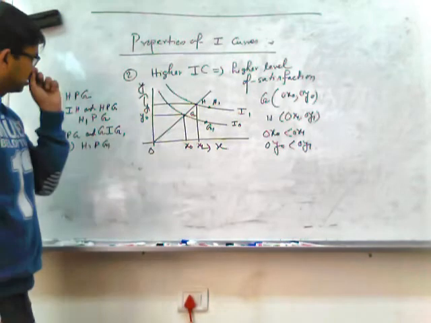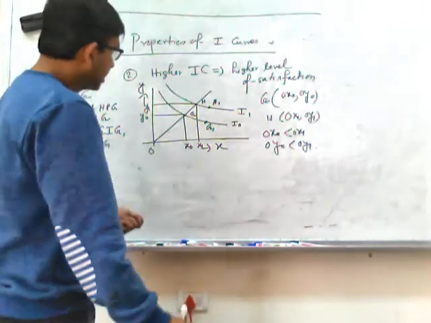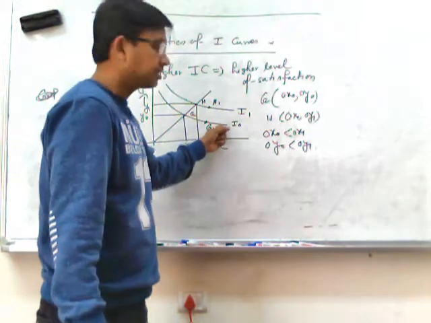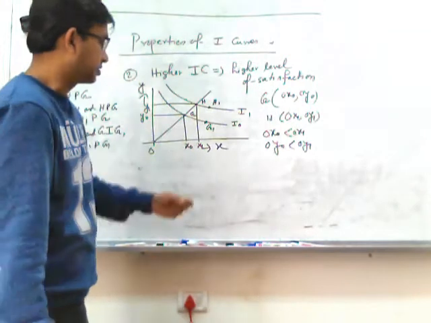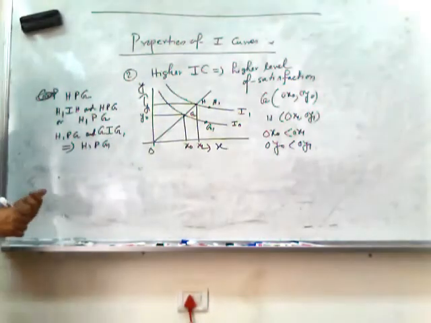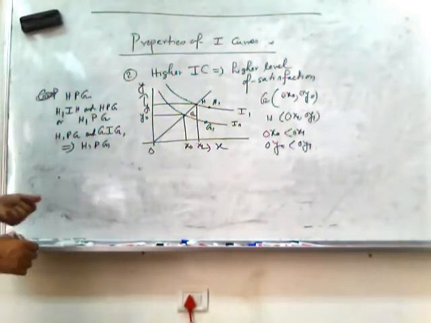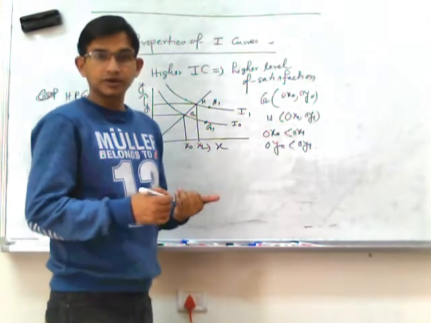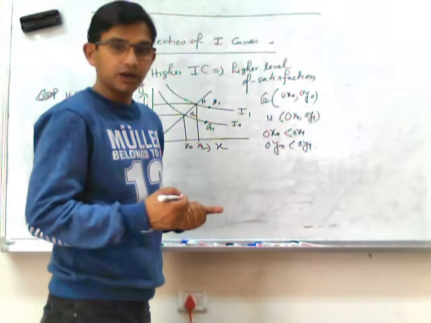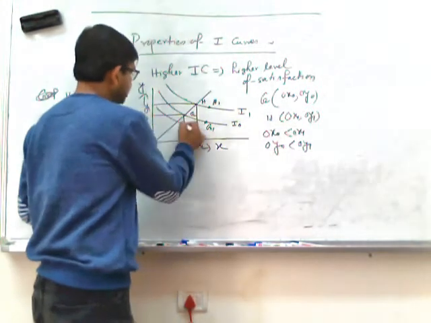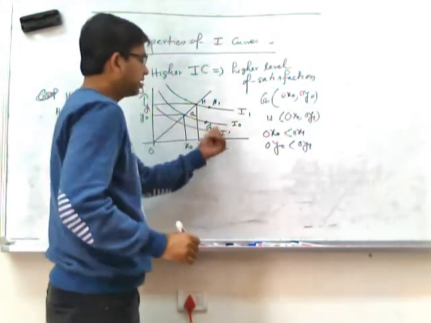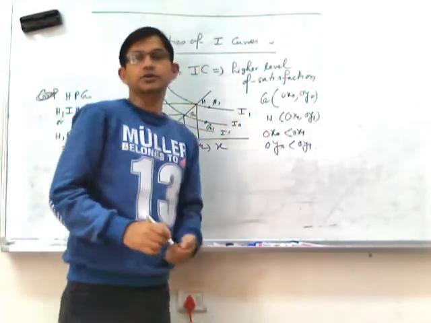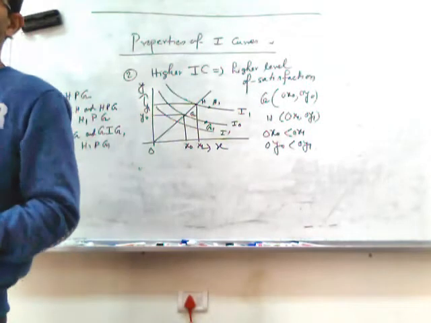From here we conclude that any point on this indifference curve indicates a higher level of satisfaction than any point on this indifference curve. So higher indifference curve indicates higher level of satisfaction and lower indifference curve indicates lower level of satisfaction. Another I dash will represent a lower level of satisfaction compared to I0. This is the second property.